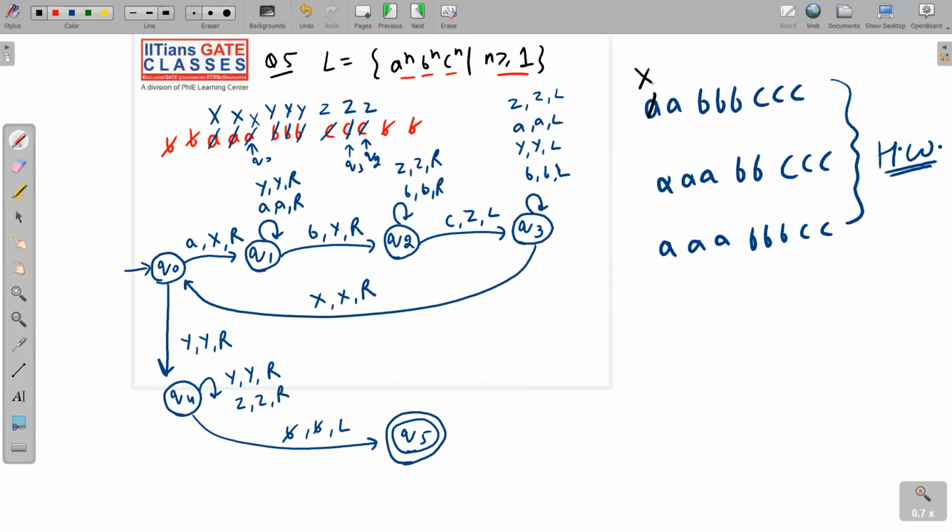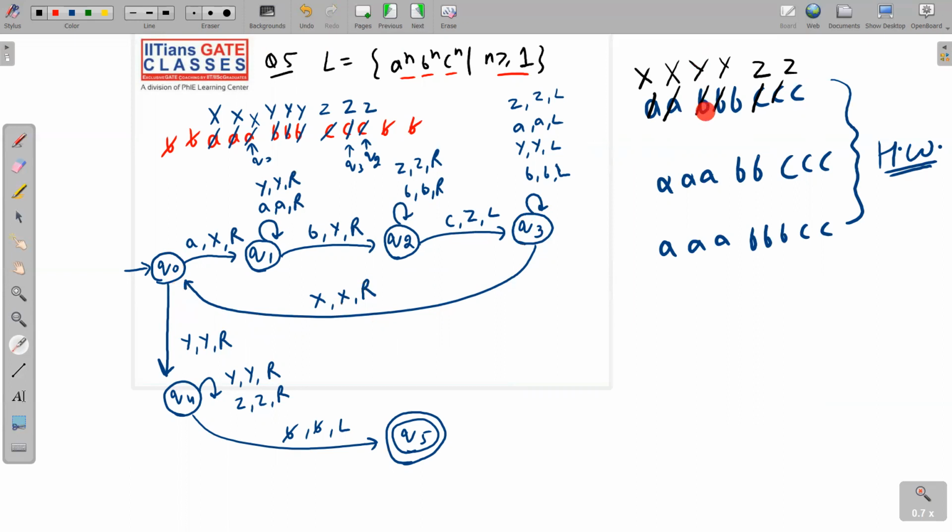This A will be replaced by X, B by Y, C by Z. Come back in search of X. As soon as you find X, who will find the X? Q3 will find X. X will remain as X, and it will move towards the right.